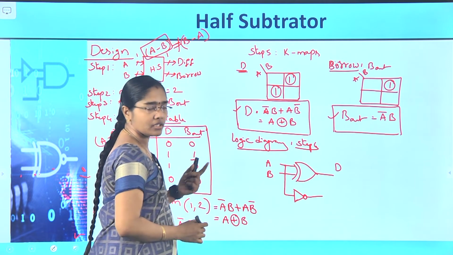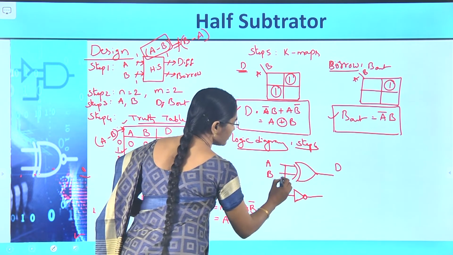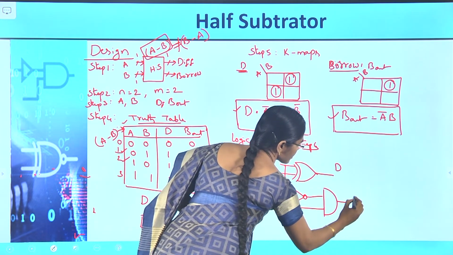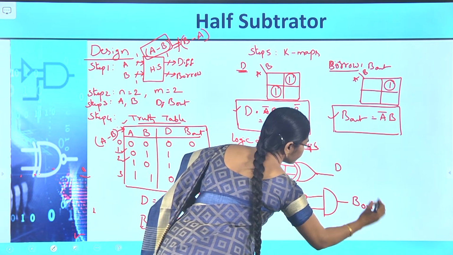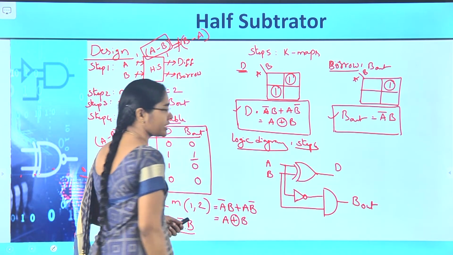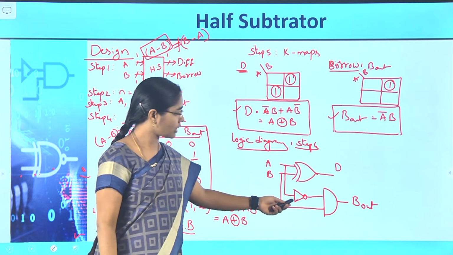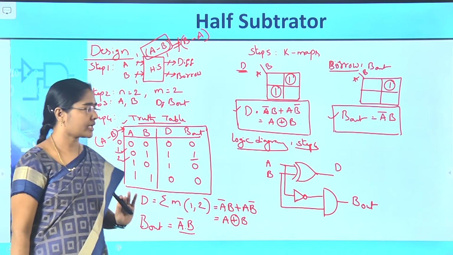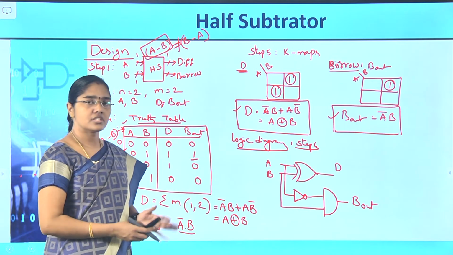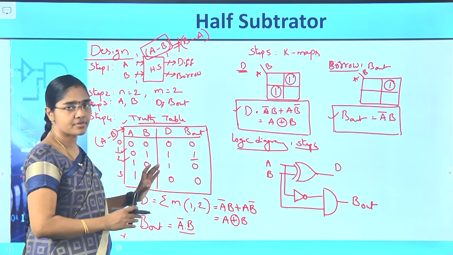Therefore, use one NOT gate and take B, AND gate, and the output is borrow out. So, this is the logic diagram. It requires one XOR gate, one NOT gate and one AND gate. So, this is the design of the half subtractor.